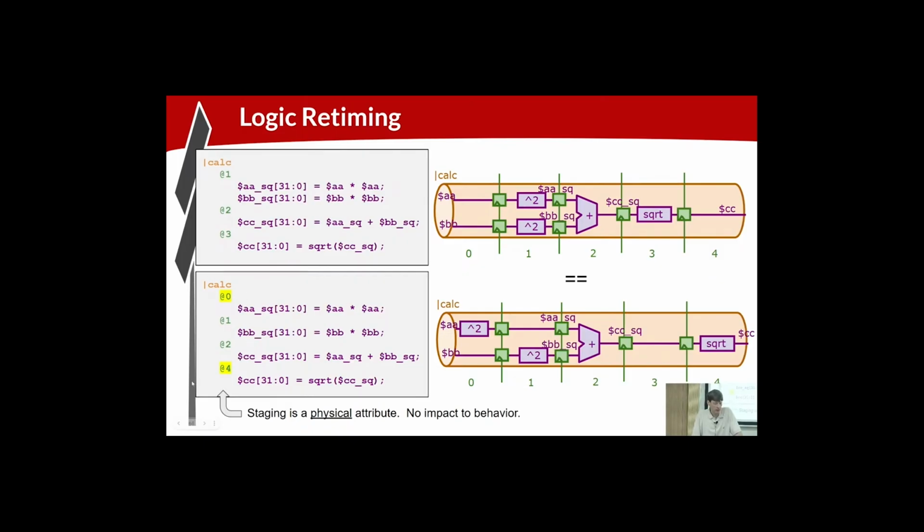So here in this example, we don't have any logic in stage 3, for example. Just like this picture, right? Then it's another stage later, right? Another flop is another delay. That's a later stage in the pipeline.